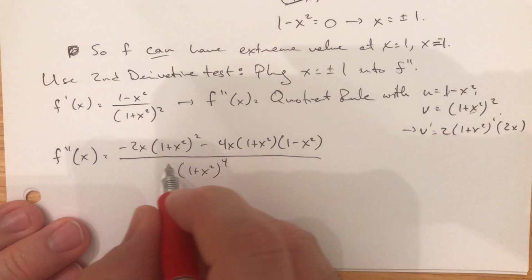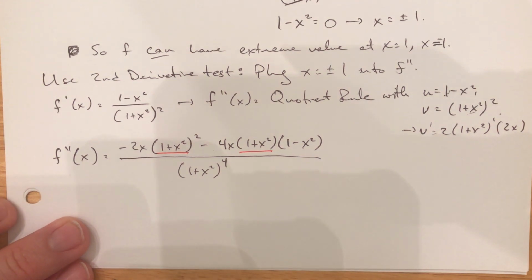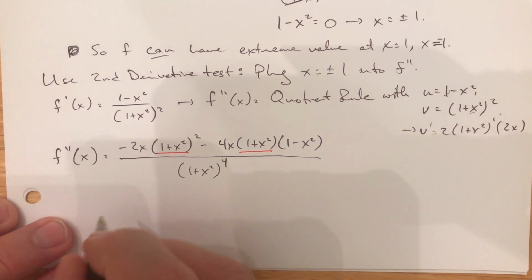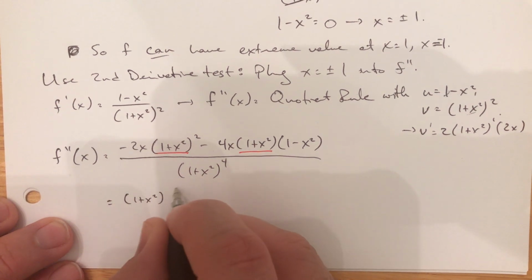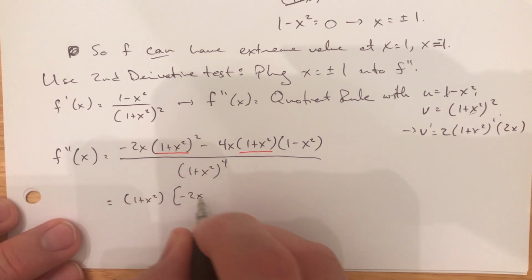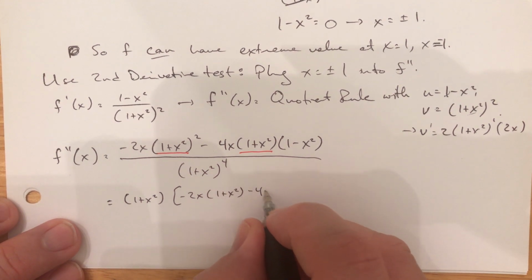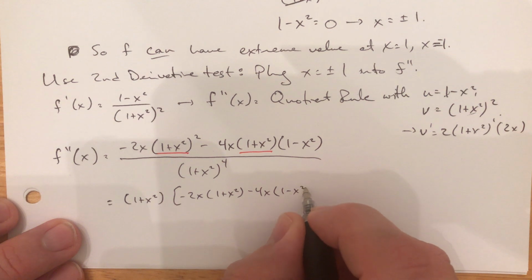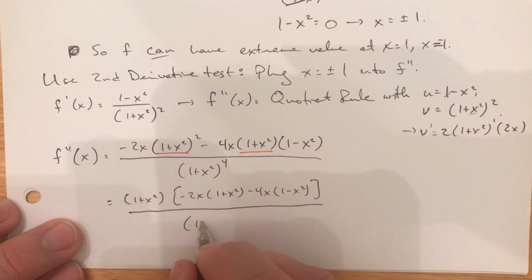Notice that this 1 plus x squared factor shows up in both groups in the numerator. We're going to factor that out, and we'll be left with negative 2x times (1 plus x squared) minus 4x times (1 minus x squared), and all that divided by (1 plus x squared) to the 4th.